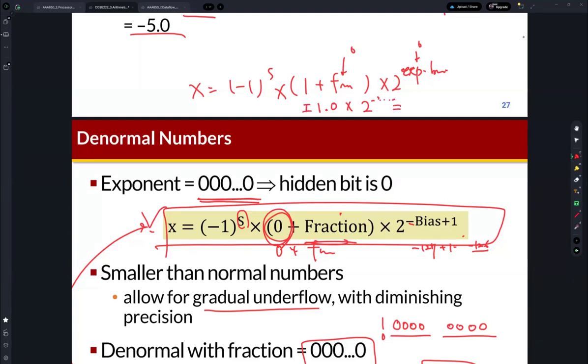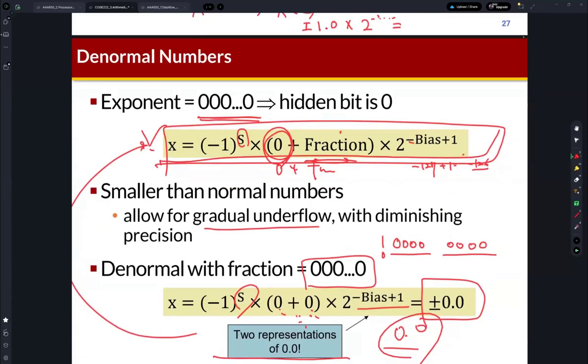It's not 0. Do you understand? With the normal representation, the problem is that the leading value is 1, so we cannot represent 0. That's why we apply the special format for the all-zeros exponent. Then we can represent 0.